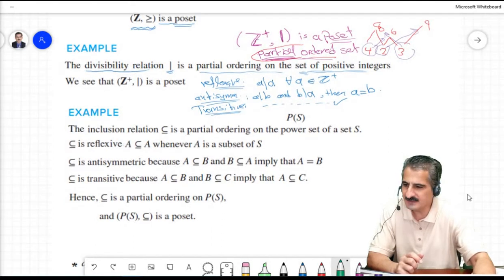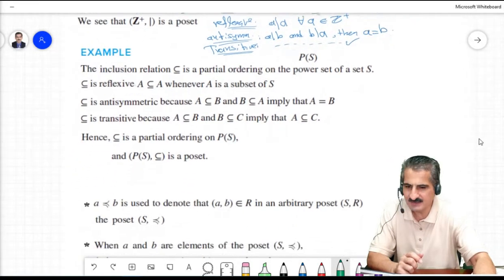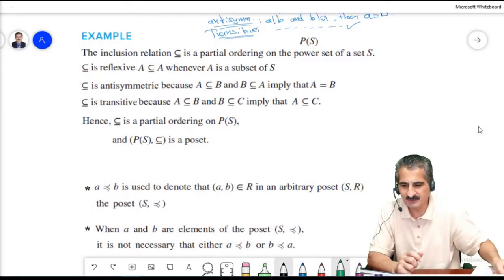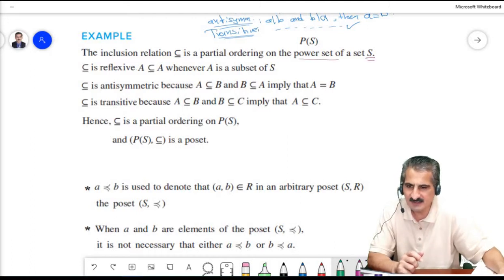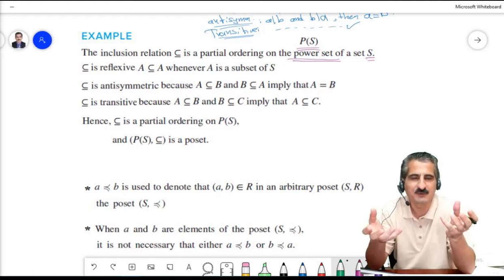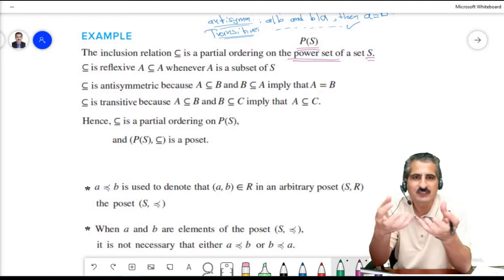And this is another example now of partial orders, which is the power set. Now we know in a power set, given a set S, take the power set P of S. So we imagine that we have S with n elements. Take the power set, which means all subsets of S. Now take two subsets.